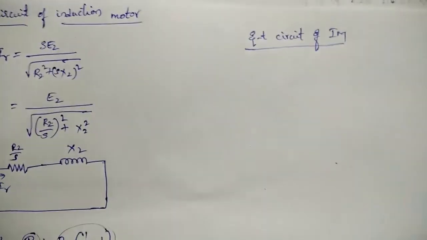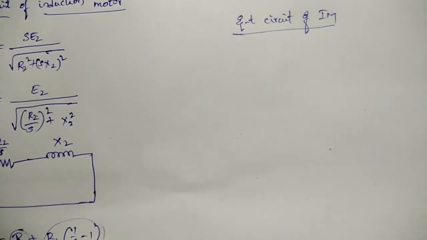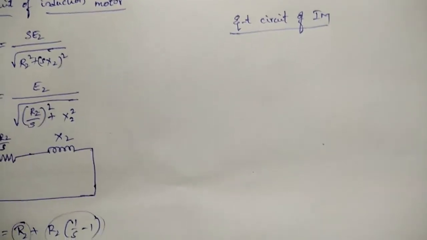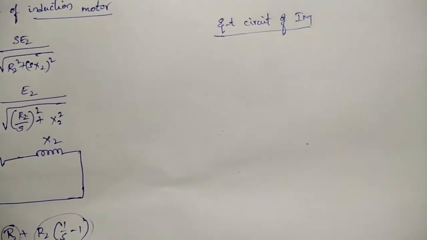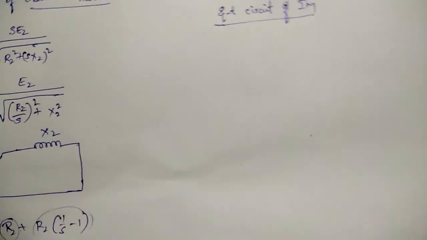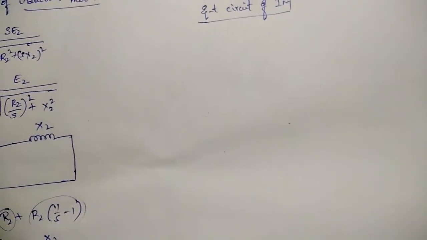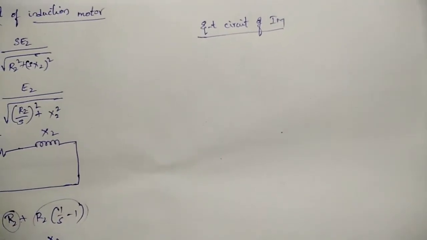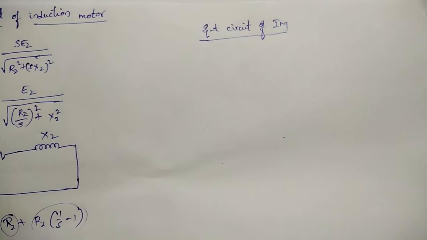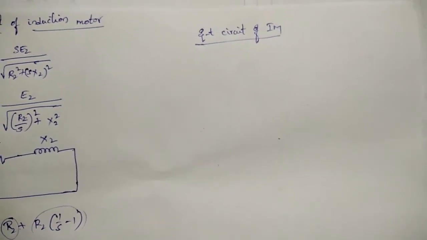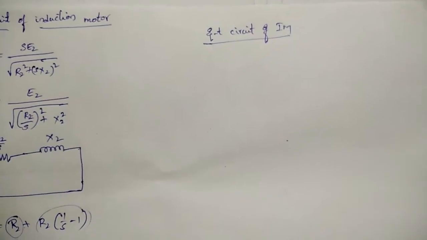The equivalent circuit of induction motor is similar to the transformer, because the principle is the same. The primary of the transformer is equivalent to the stator of the induction motor, and the secondary is equivalent to the rotor of the induction motor. The principle is also mutual induction. So the equivalent circuit of induction motor is equal to the equivalent circuit of the transformer.